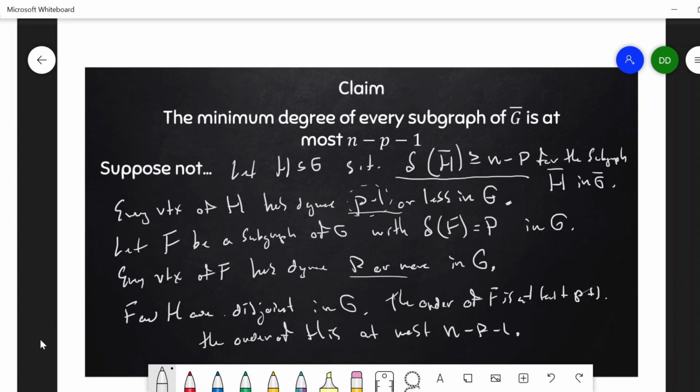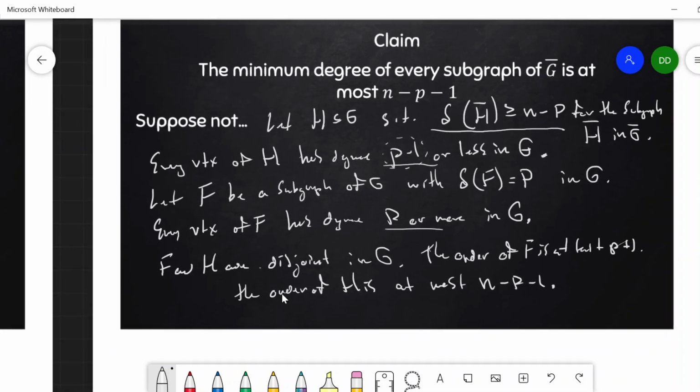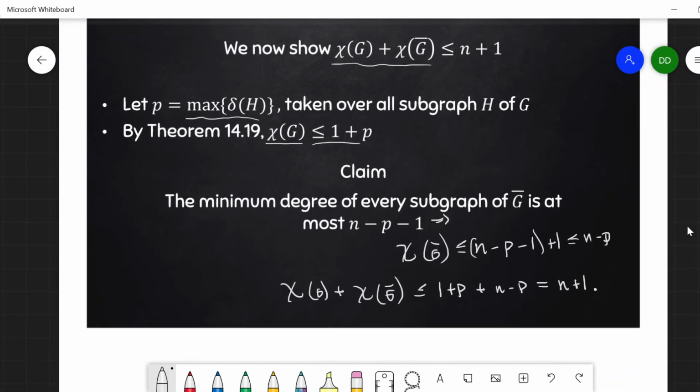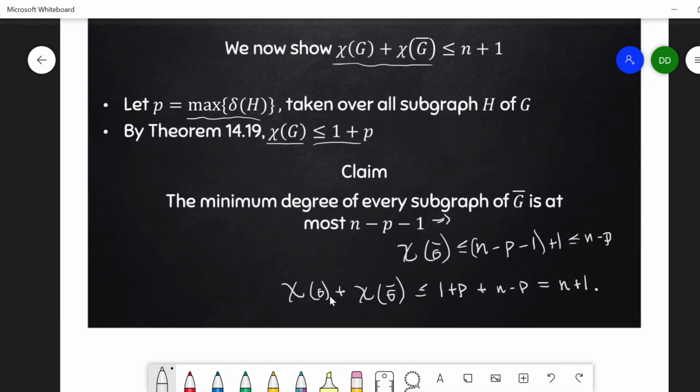And so that's a contradiction, and so it follows that our claim was true. Right, our claim is justified now. Sorry, computer's lagging a little bit. From which it follows then that chromatic number of G plus chromatic number of G complement is n plus 1.